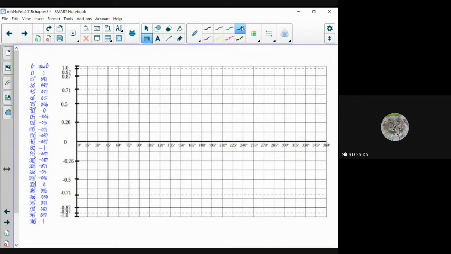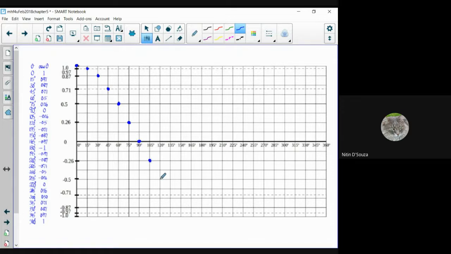So at 0 degrees, my cosine is 1. At 15 degrees, it's 0.97. At 30 degrees, it's 0.87. Then 0.71, 0.5, 0.26, 0.